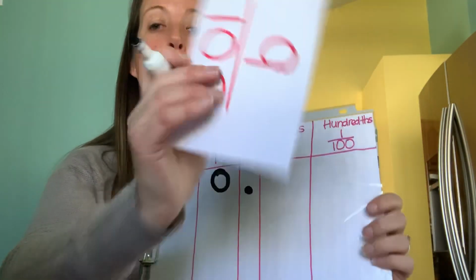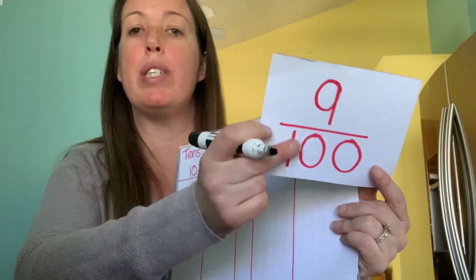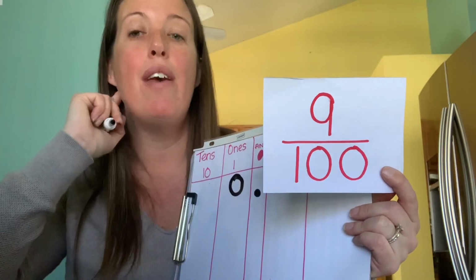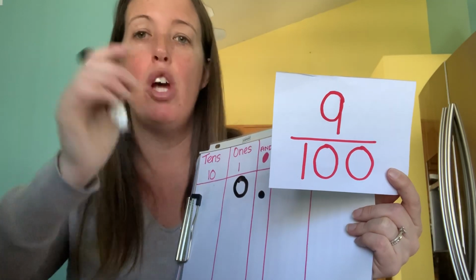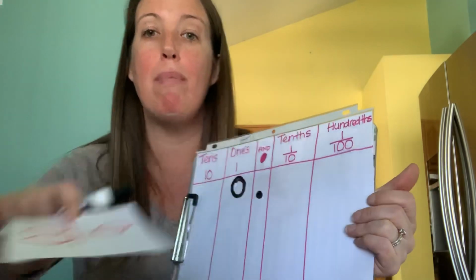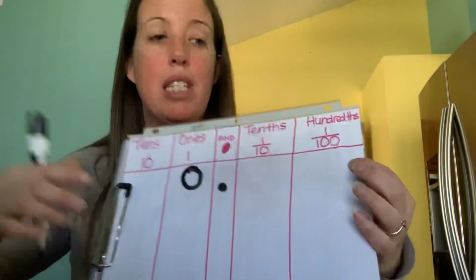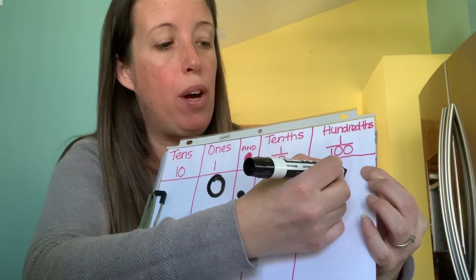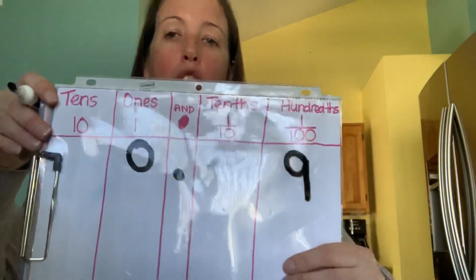But you have to pay close attention to where you're saying the place value ends. 9 hundredths. So my last digit 9 has to end in my hundredths place. So I'm gonna put the value of 9 in my hundredths.